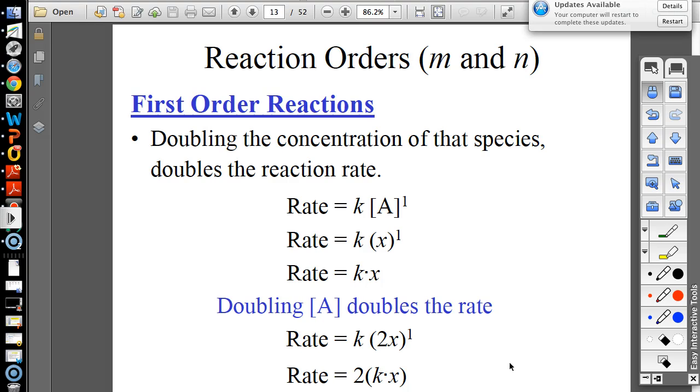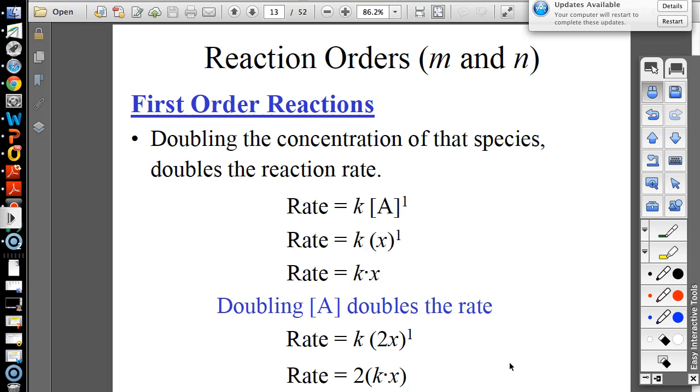First order reactions. Now, anything to the first power is itself. 2 to the first power is 2. 10 to the first power is 10. So if I'm looking at rate equals K times A to the first power, what I'm going to get is just rate is equal to K times whatever that concentration is.